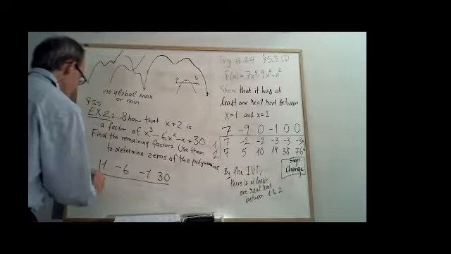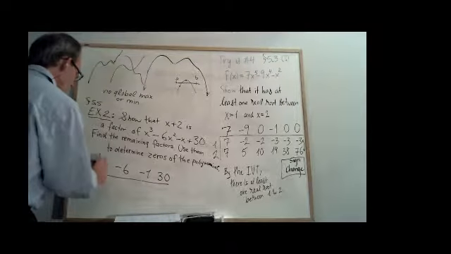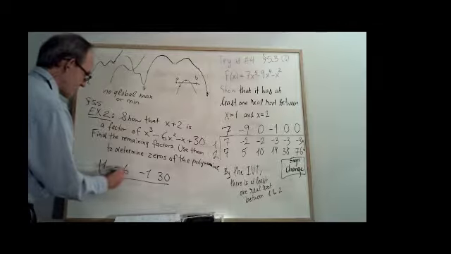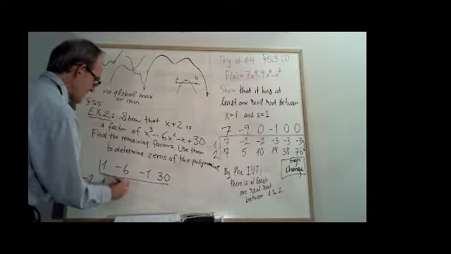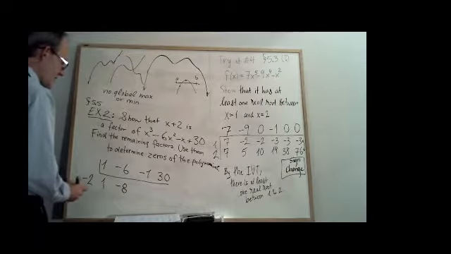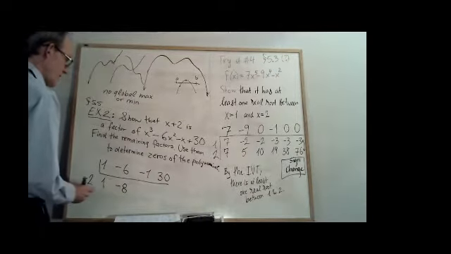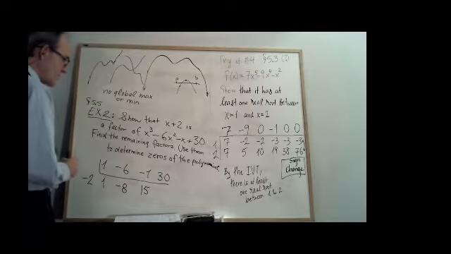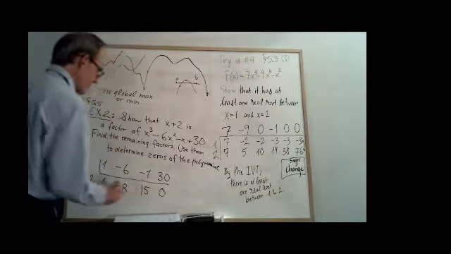So when we go ahead and do this, we bring down the 1, and then 1 times minus 2 is minus 2, plus minus 6 is minus 8. And then minus 2 times minus 8 is 16, that's positive. Minus 1 is 15. 15 times minus 2 is minus 30, plus 30, well, that's 0.